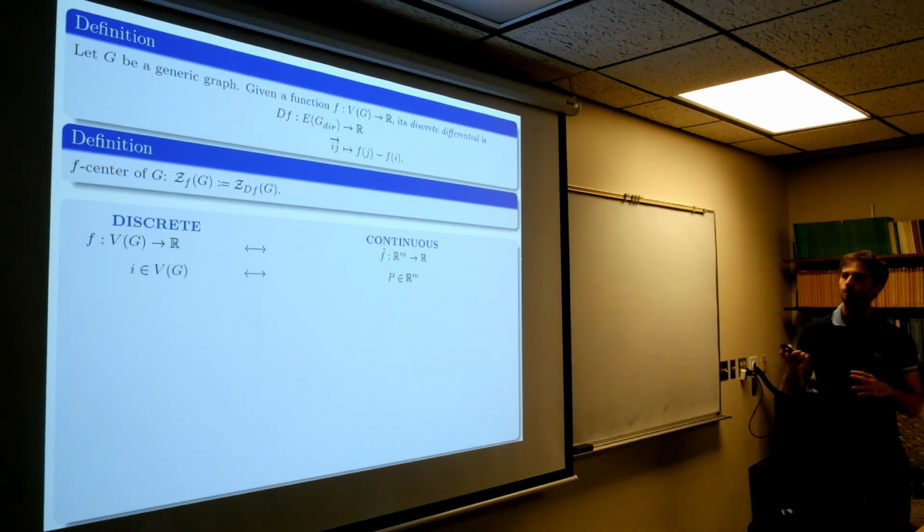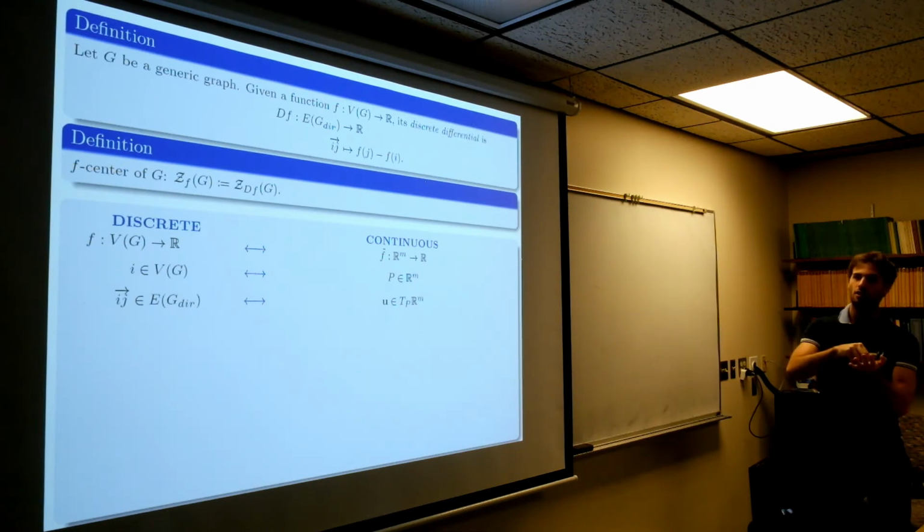A vertex i in G then corresponds to a point in R^m. An arrow ij in G dir would be an arrow starting at i and going in the direction of j. So it would be an element u in the tangent space of R^m at p, right? It will leave from p in some direction.